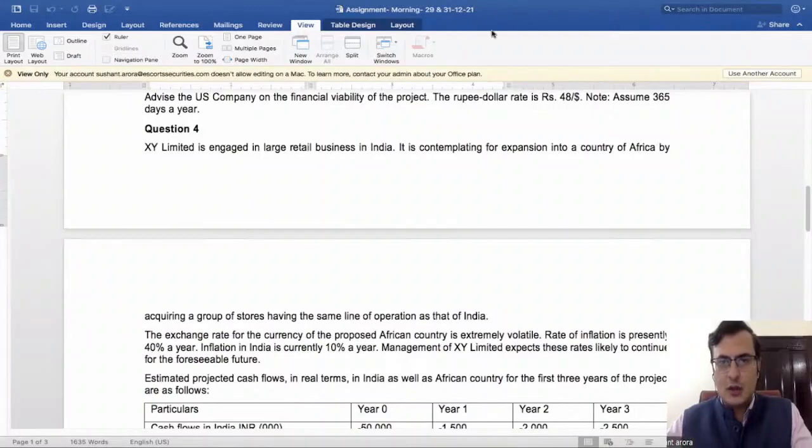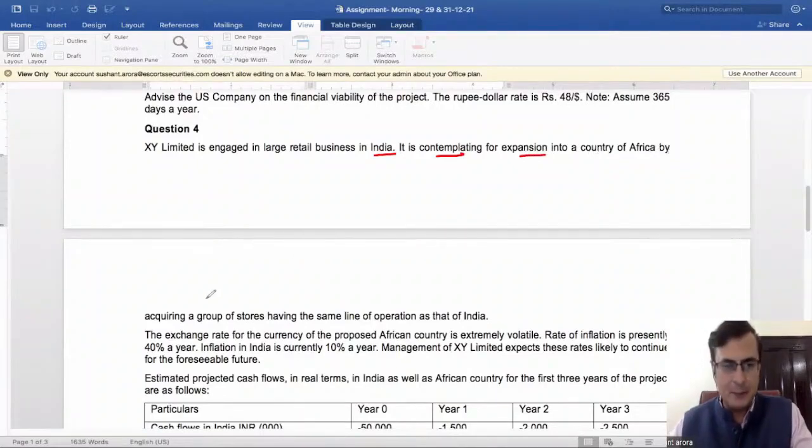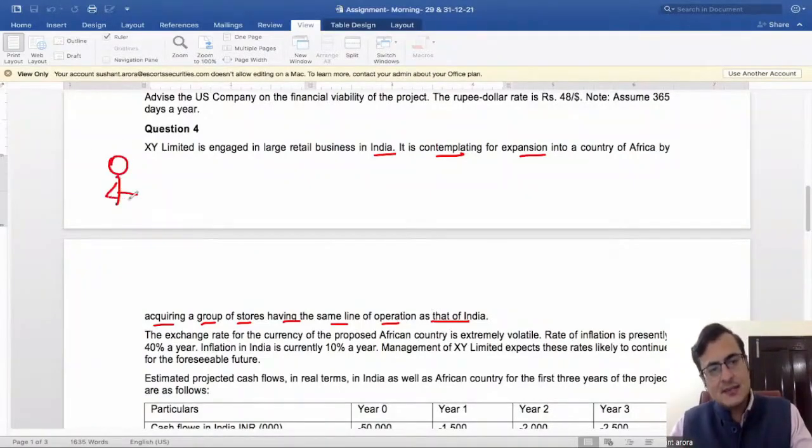So now again a very easy question, not very tough, to be very honest. XY is engaged in the large retail business and is contemplating an expansion into the country of Africa by acquiring a group of stores having the same line of operation as that of India. Now, Akash is a chartered accountant in India.